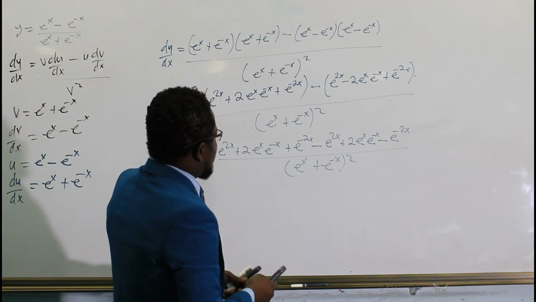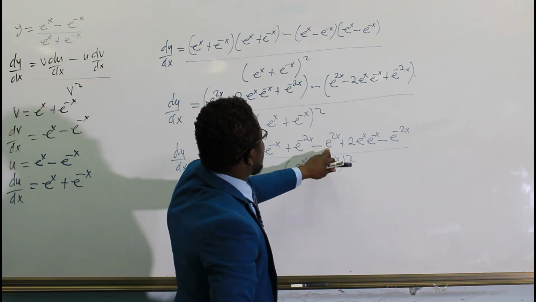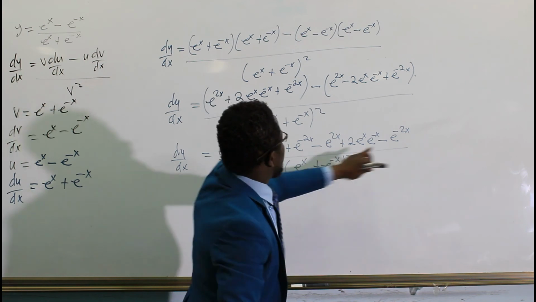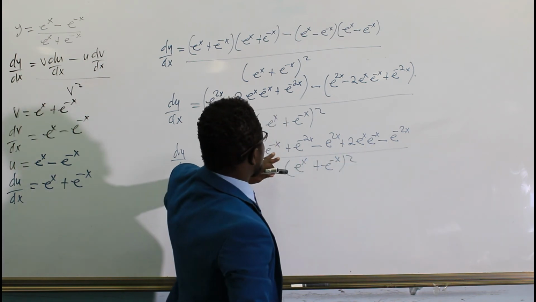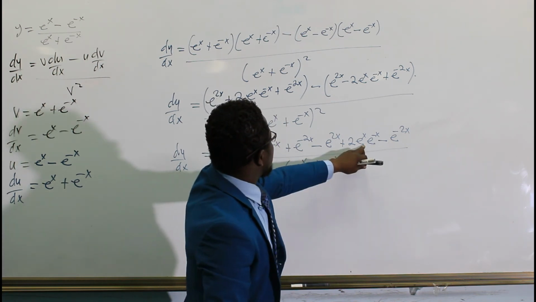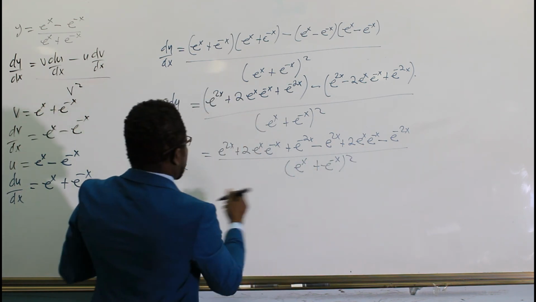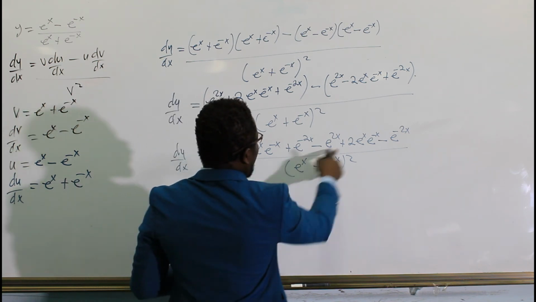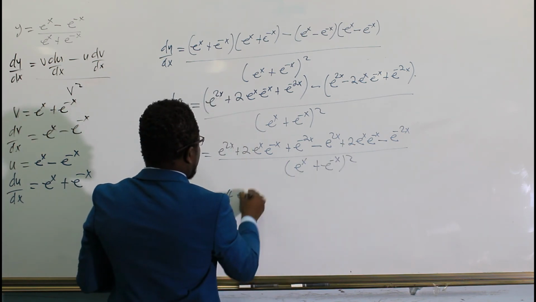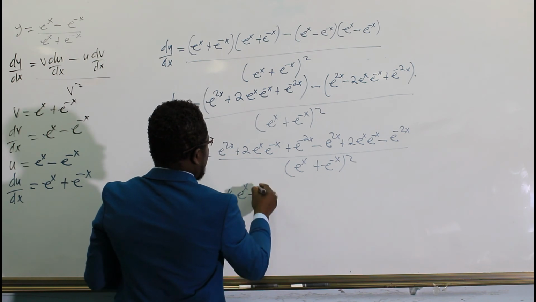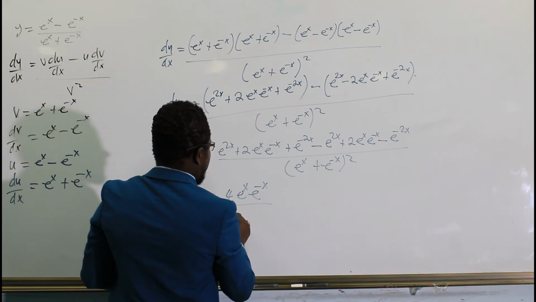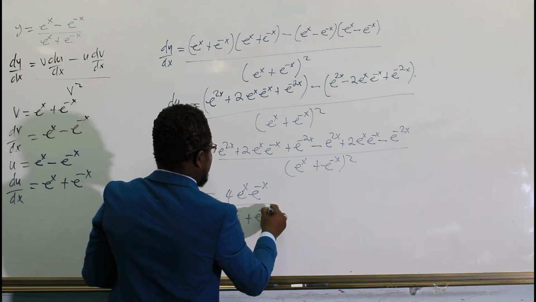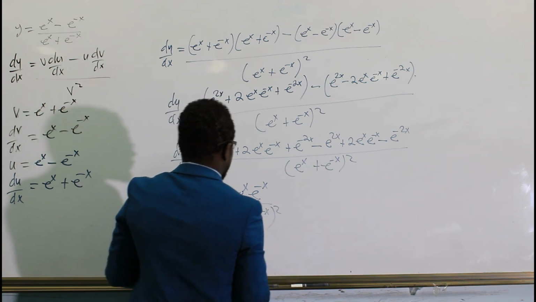Now from here we can see that this and this are going to cancel out, and this and that are also going to cancel out. So we are left with this one and this one, and dy/dx is simply going to be 2 and 2 of that, which is 4e^x e^(-x), divided by (e^x plus e^(-x)) all squared.